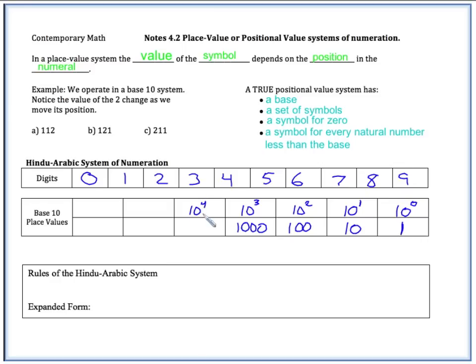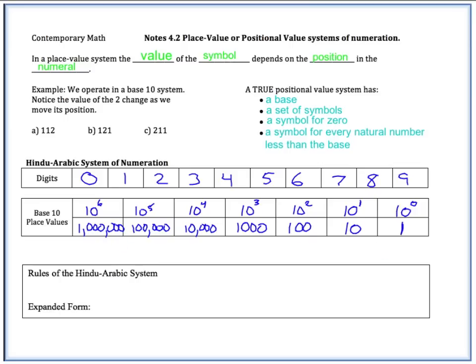10 to the fourth is the 10,000s column. 10 to the fifth is the 100,000s column. And 10 to the sixth is the millions place.